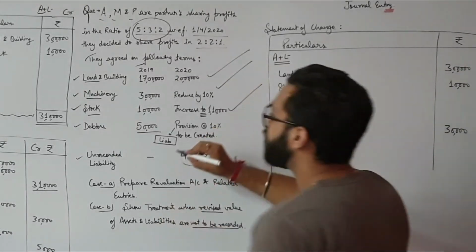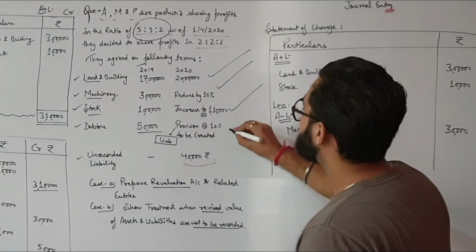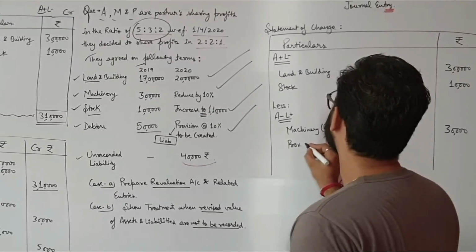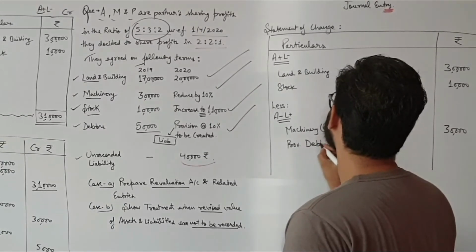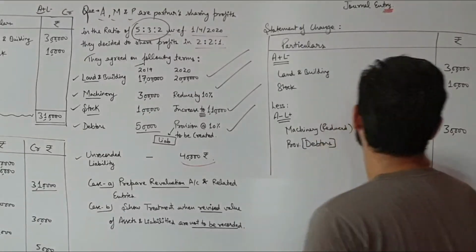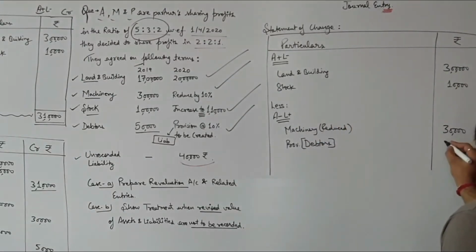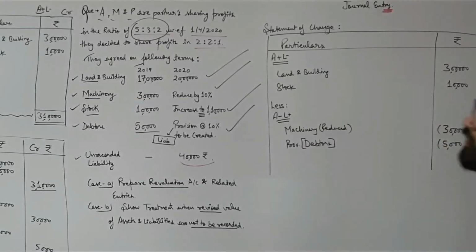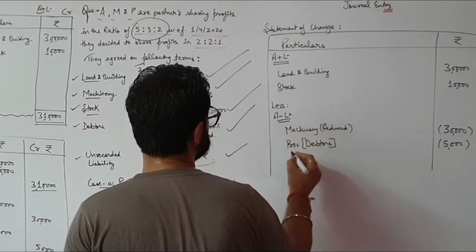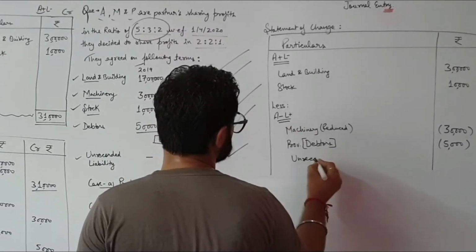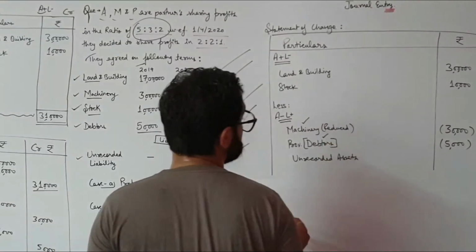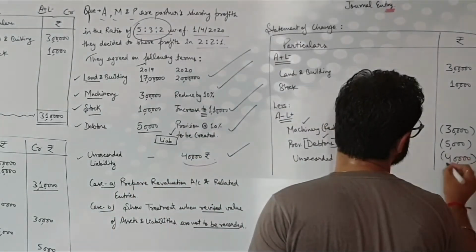The other is debtors, so provision, so debtors are reduced by 5,000. Less, therefore in bracket. And the last is unrecorded, meaning liabilities have increased, so unrecorded 40,000. Here it is preferred to write machinery and debtors.